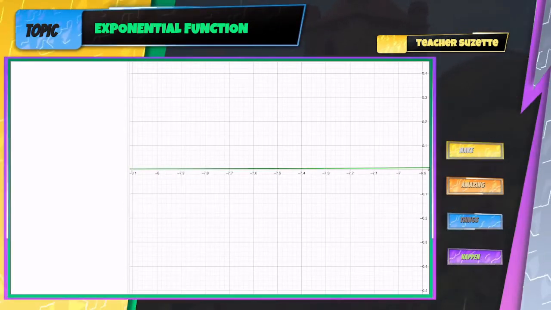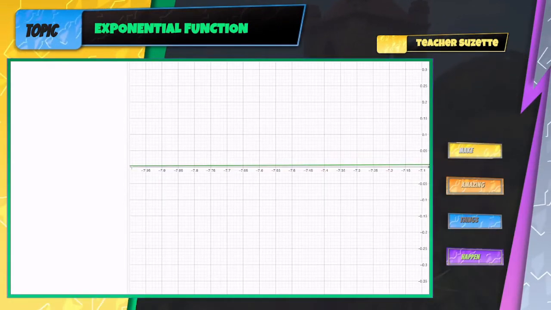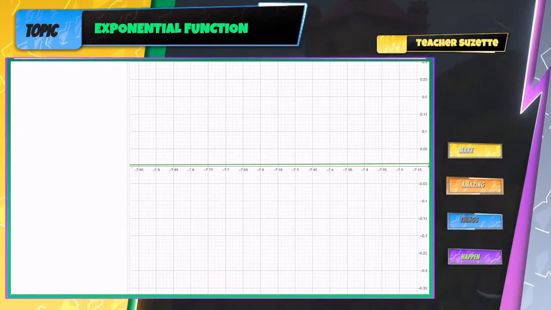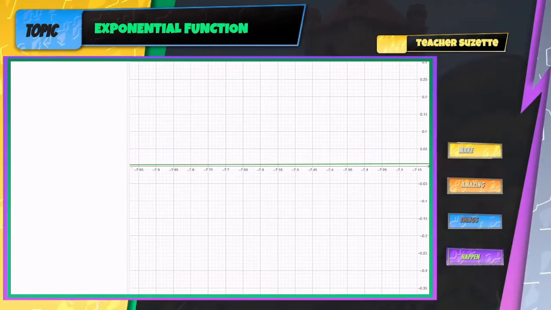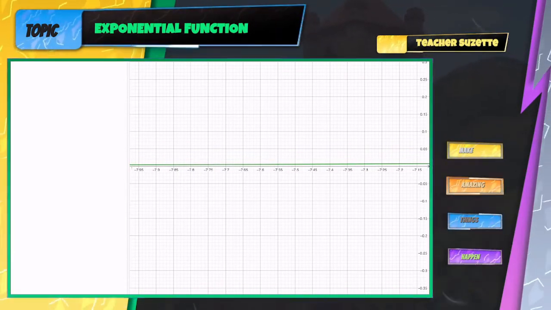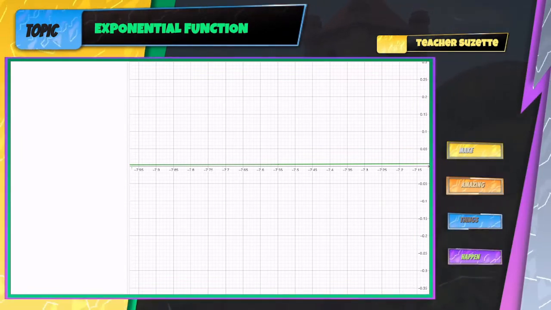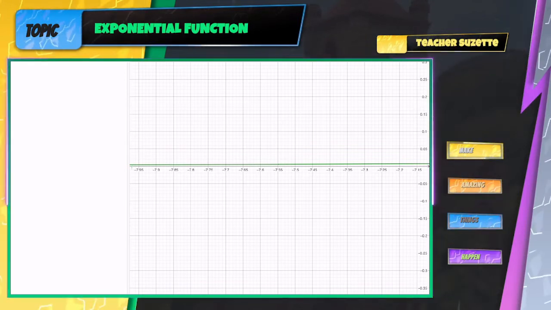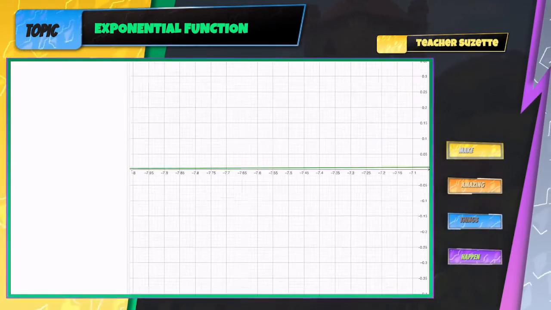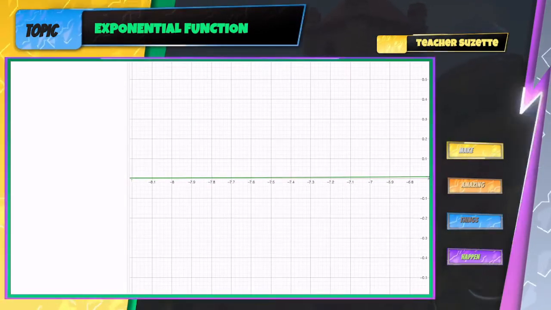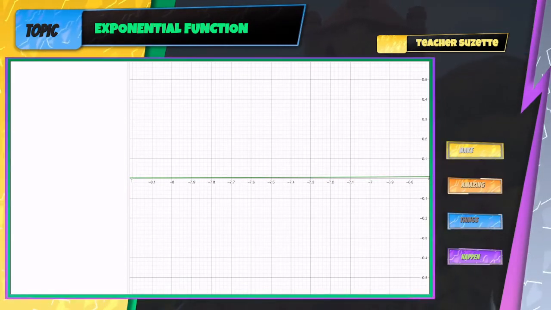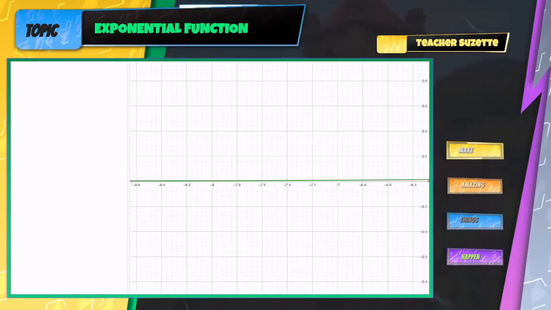Napapansin nyo? As we zoom out, hindi po siya nagtatouch, approaching lang. So, as our x decreases, our y also decreases. And we can observe that they have a one-to-one function or relation. So, therefore, we can say that there is no limitation with our negative infinity for the values of x.